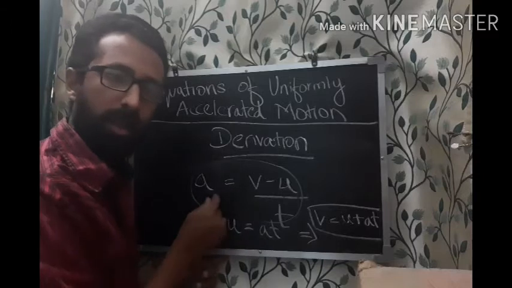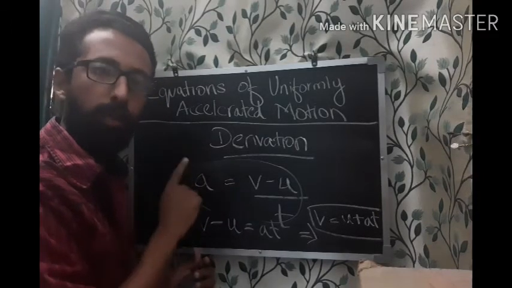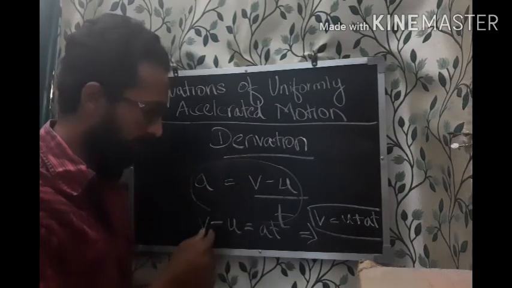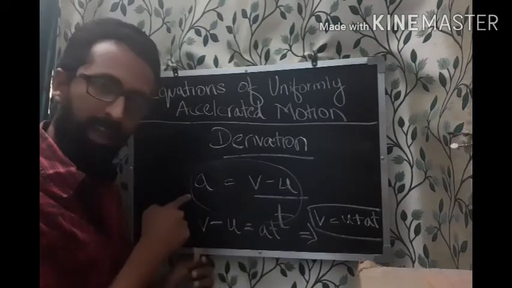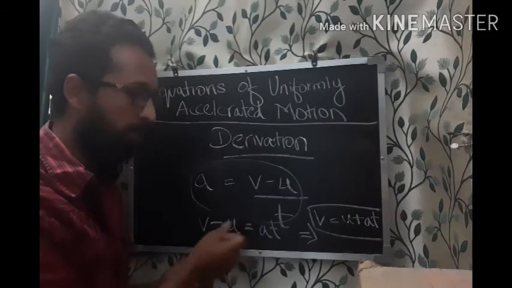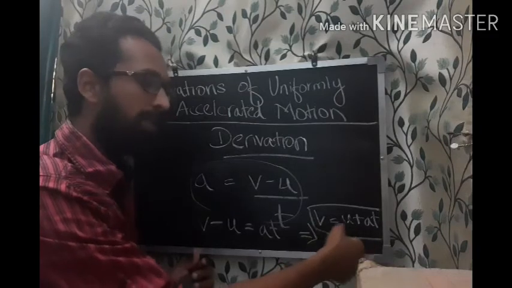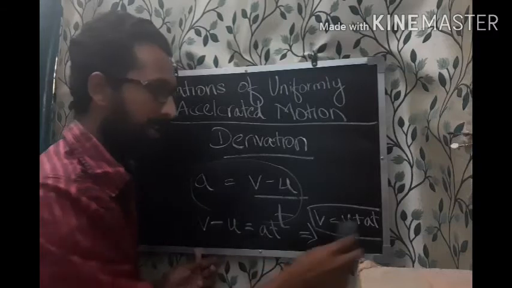The first equation of uniformly accelerated motion can be derived from the formula of acceleration itself. a equals v minus u upon t, so we took t to this side and it became at, and the negative u is taken to the other side and changes to positive. So v equals u plus at. This is the first equation and its derivation.